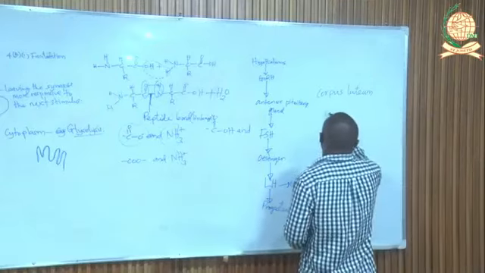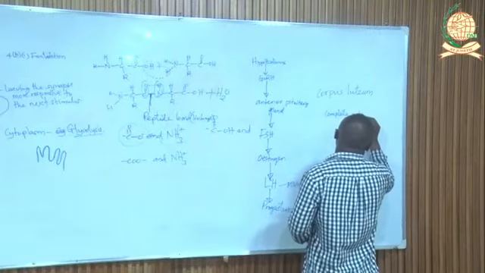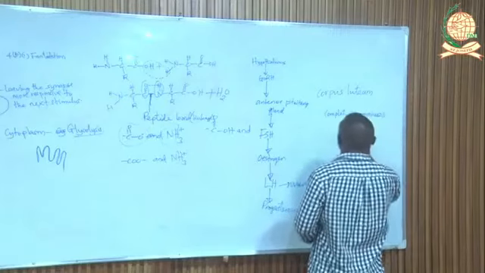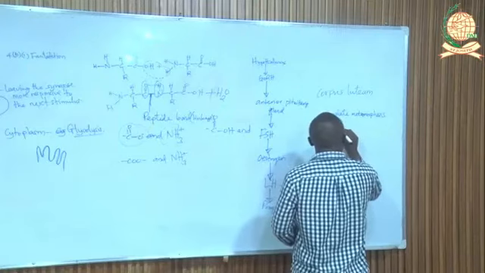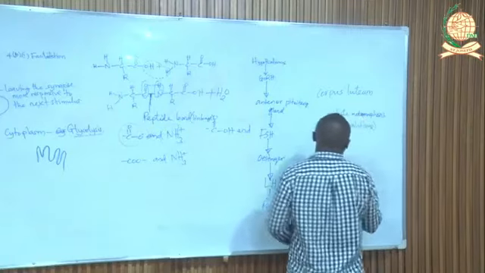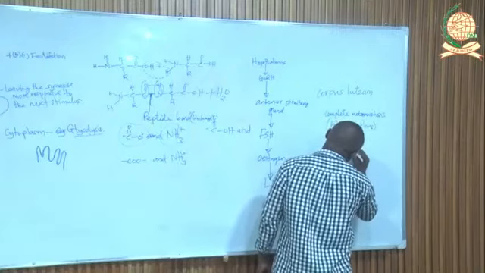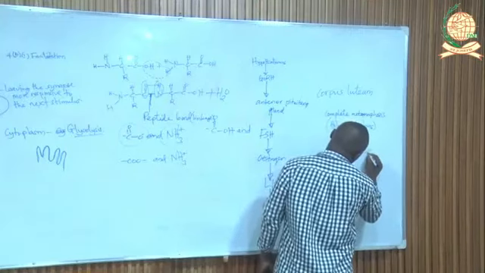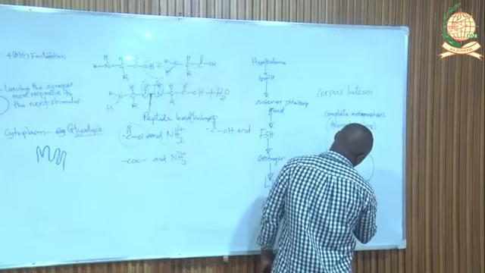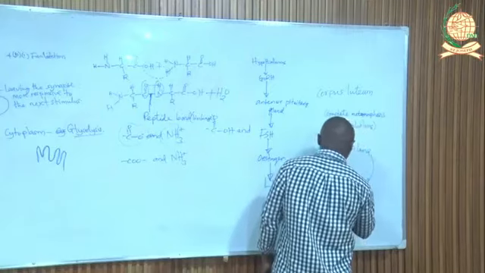Complete metamorphosis is also called holometabolous, where the egg hatches into a larva, then pupa, then adult.